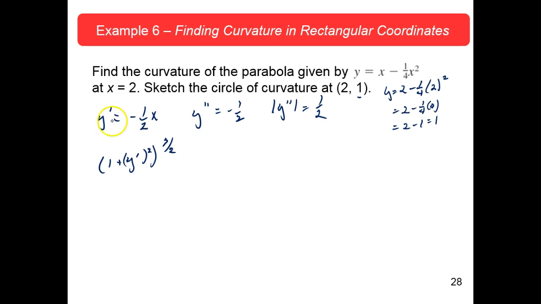Well, we got our y prime, so 1 plus the y prime squared would be 1/4 x squared, which is very close to what we had up there, but not the same. And we're going to take that and cube it, raise it to the 3/2 power.